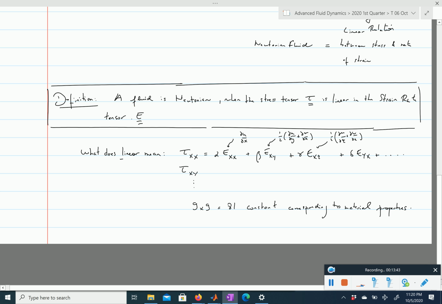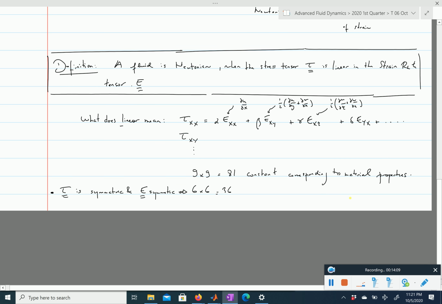So each of these only has 6 independent entries: the ones on the diagonal, plus you take either the upper or the lower ones. In total you only have 6 independent components, and therefore 6 by 6, not 9 by 9, and 6 by 6 is equal to 36. In reality we have only 36 because both E and tau are symmetric.